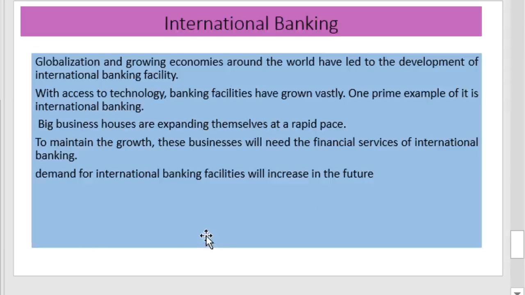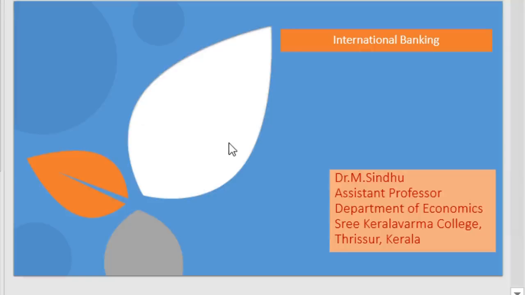The international banking system will have a bright future in the coming years. Therefore, we have examined the international banking services, their objective, vision, importance, and various types of international banking services.